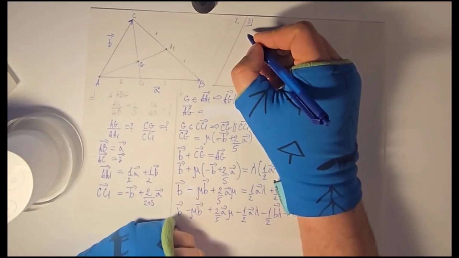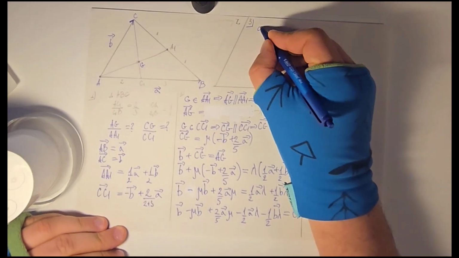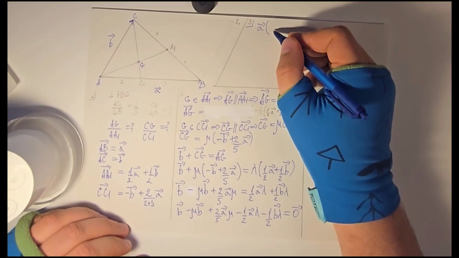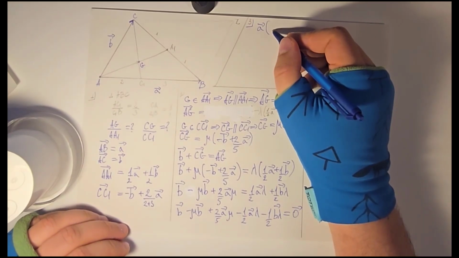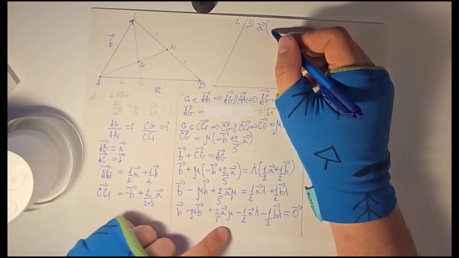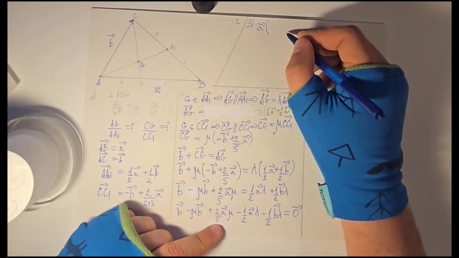So A outside of parentheses, and in the parentheses we should be having 2/5 mu, makes sense?